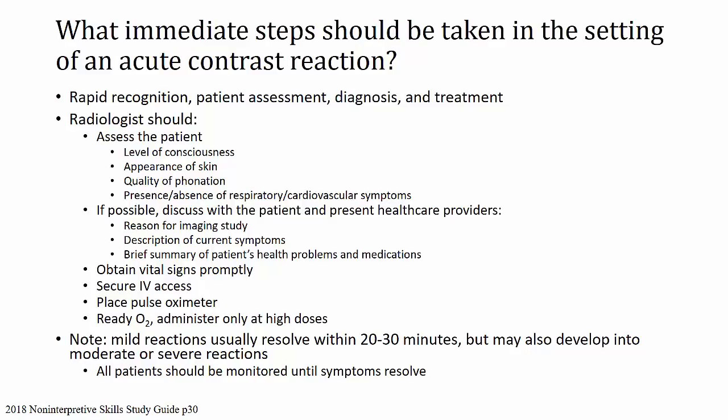The radiologist should assess the patient, including the level of consciousness, the appearance of the skin, quality of phonation, the presence or absence of respiratory or cardiovascular symptoms, and if possible, discuss with the patient and the present healthcare providers the reason for the imaging study, description of current symptoms, and a brief summary of the patient's health problems and medications. So basically, when you go assess the patient, find out a very brief history.